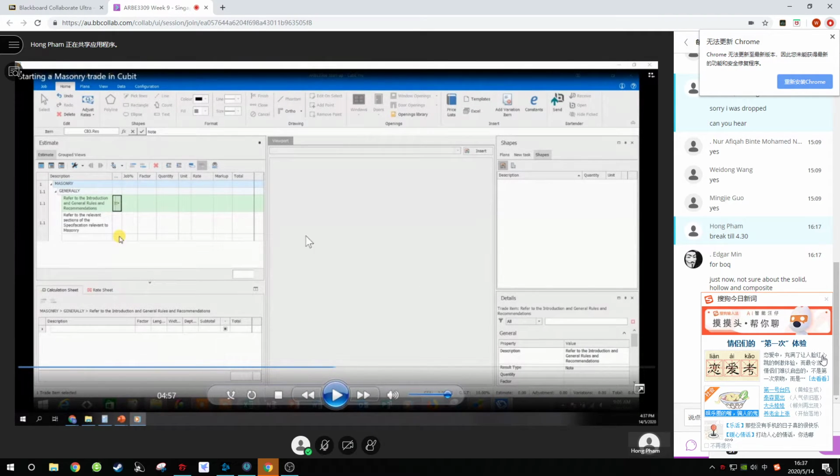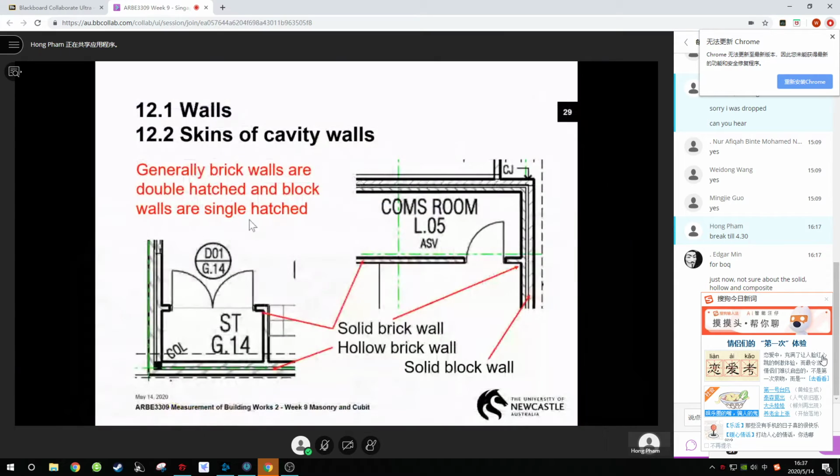Okay, why don't we do a practice with qubit? Okay, let me give you an example of how to do the qubit. Do you want an example of how to measure brick walls, or an example of how to play with qubit?